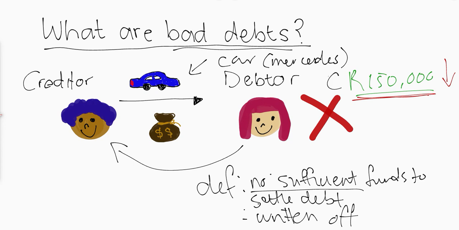They do not have the sufficient funds to settle the debt and you are writing it off. You're canceling that debt, so it's going to be as if it never ever happened. That is what a bad debt is, and this is how it's going to affect the income statements, the balance sheets, and all the other statements relating to the company.